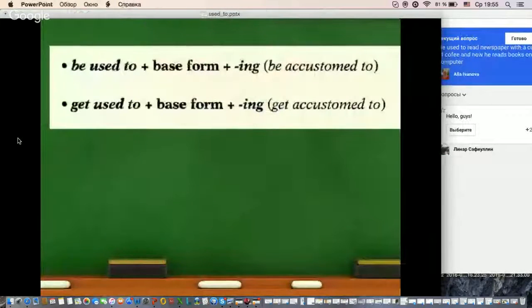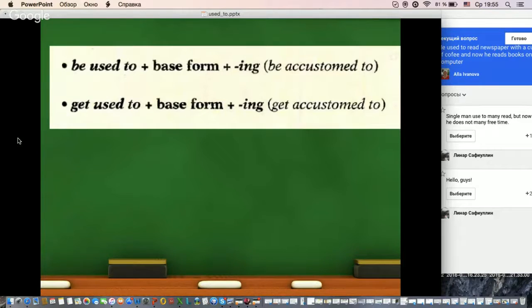Okay, so here we go then. Иногда такое случается, что конструкция be used to путается с такой конструкцией, как get used to. Итак, чем они отличаются? Get used to означает привыкнуть к чему-то. Впрочем, как и be used to. Но в чем отличие? Если мы говорим be used to, то значит что-то для нас было привычно раньше.